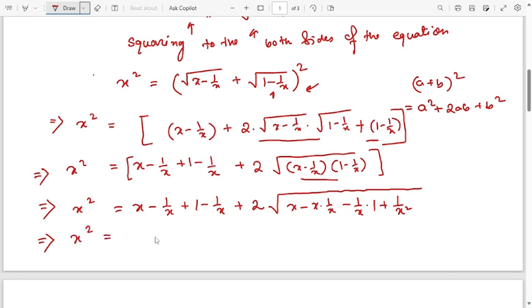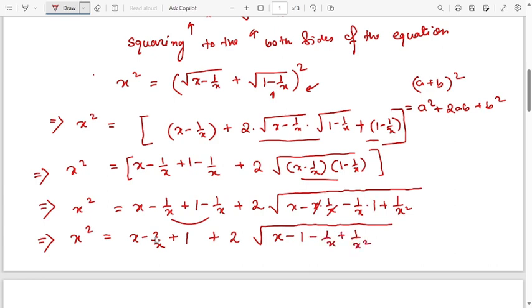Then x square equal to, we are adding this 2, this will become x minus 2 by x plus 1 plus 2 times, now this x and this x will cancel, this will become minus 1 by x and this will become 1 by x square.